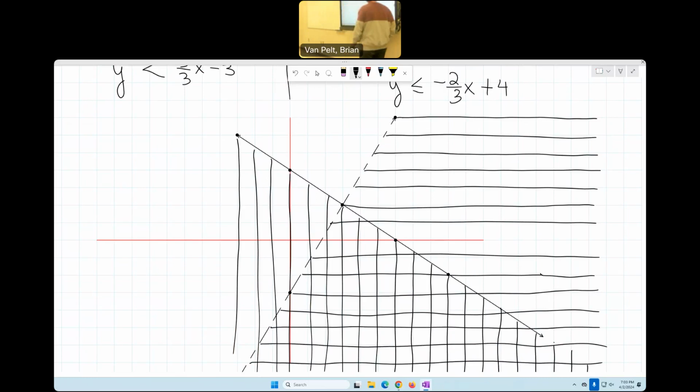You can see my region down here. This little upside down V-shaped thing.